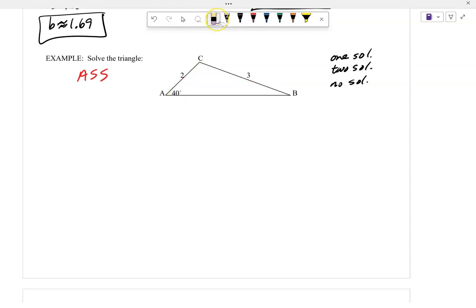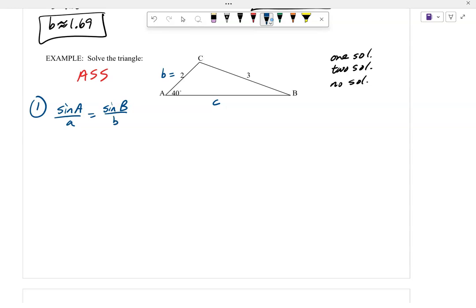All right, let's start filling in angle C. And notice with the law of sines here, I have sine of A over A, and I have lowercase b as well. So I'm going to use sine of B over B.